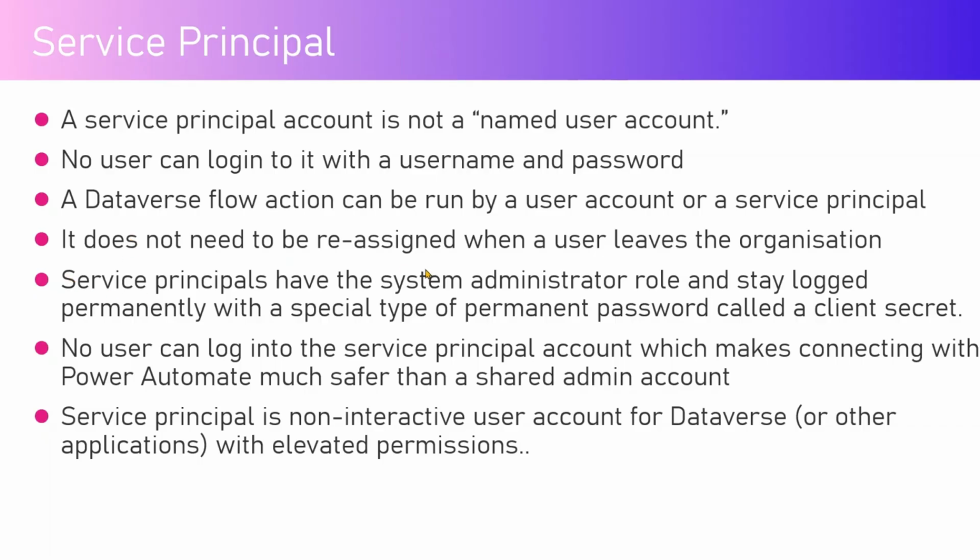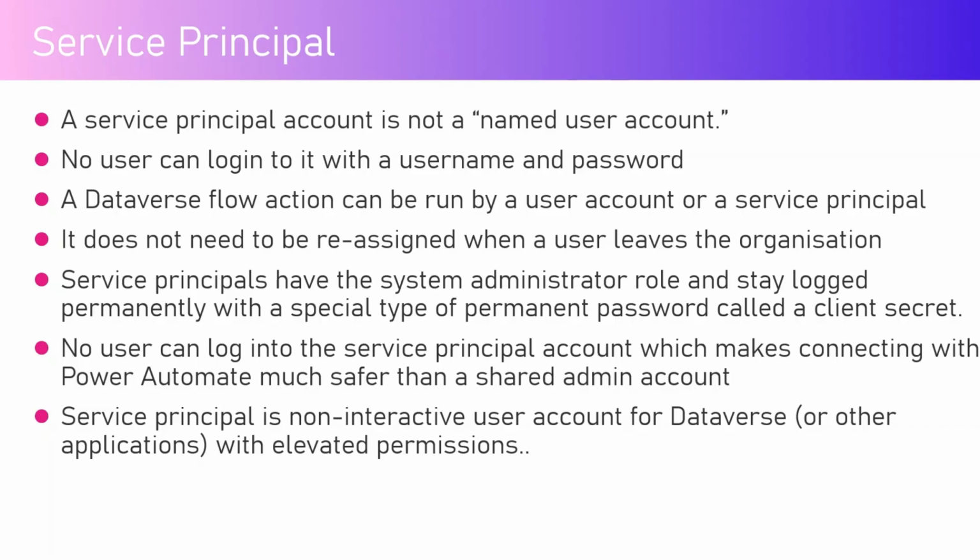Now, service principals have the system administrator role and they stay locked permanently with a special type of permanent password called a client secret. No user can log into the service principal account, which makes connecting with Power Automate much safer than a shared admin account. Also, the service principal is a non-interactive user account for Dataverse or other applications with elevated permission.